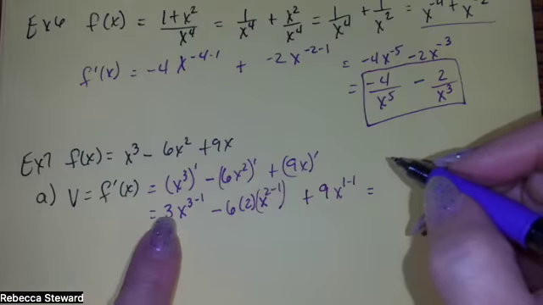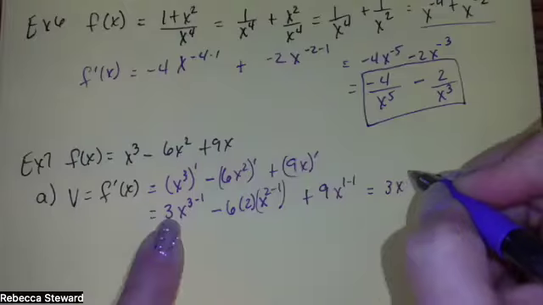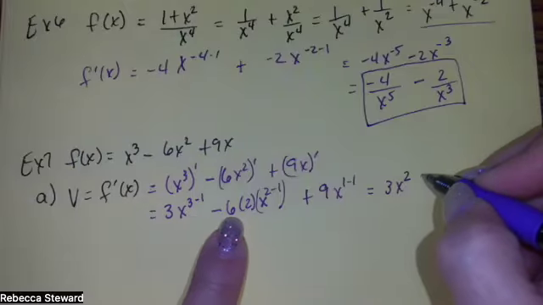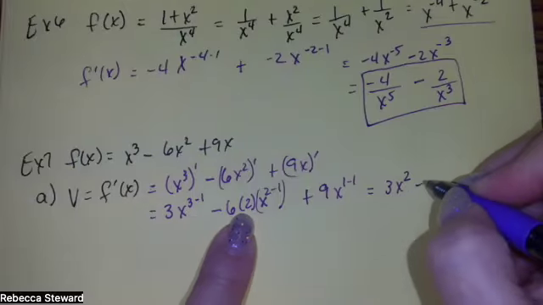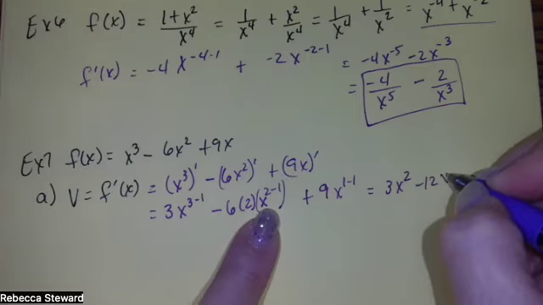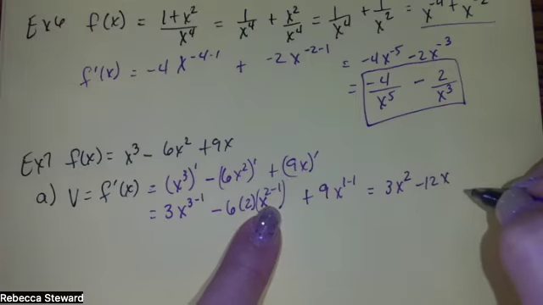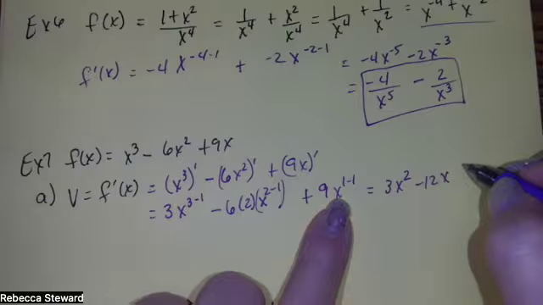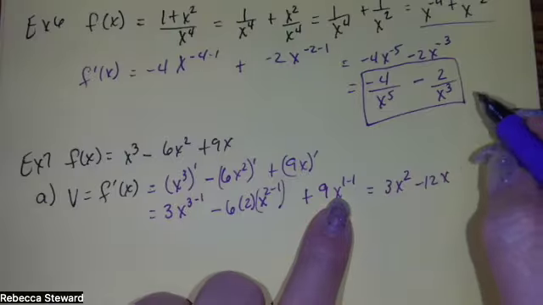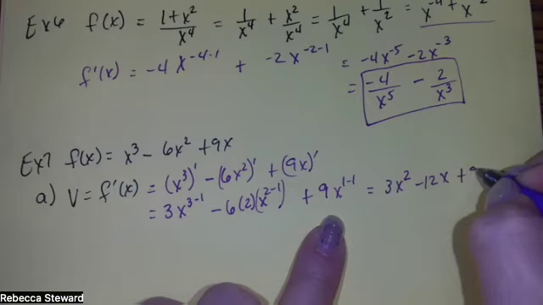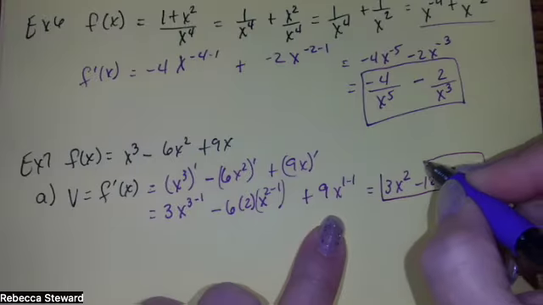This will get us 3x squared, negative 6 times 2 would get us negative 12x to the first power. And then this will become x to the 0, which is the same thing as 1. So plus 9. That is our derivative.